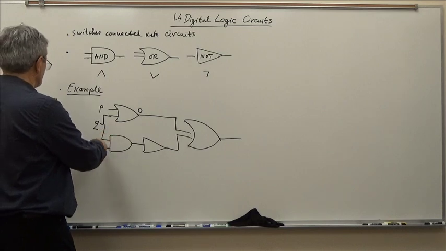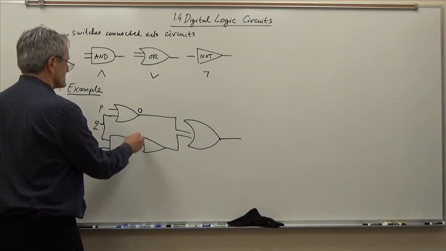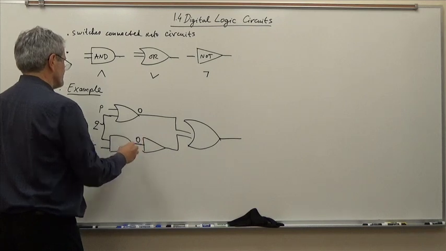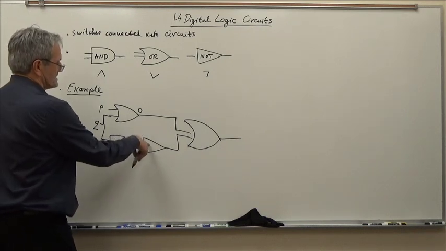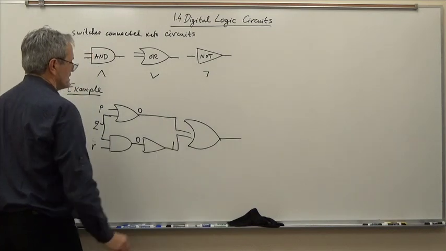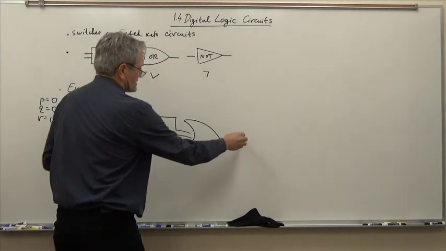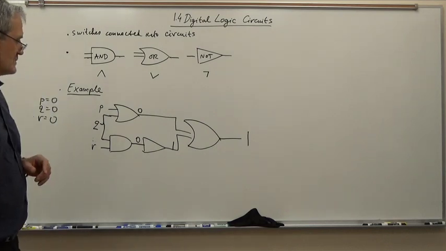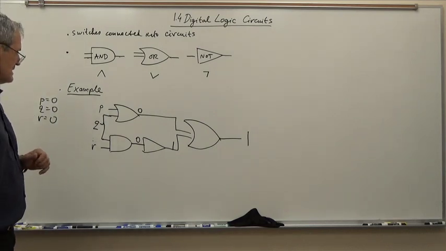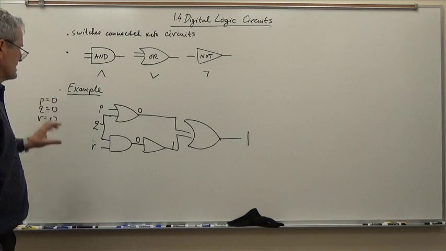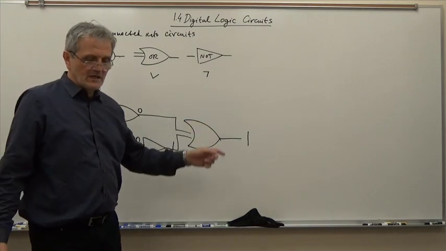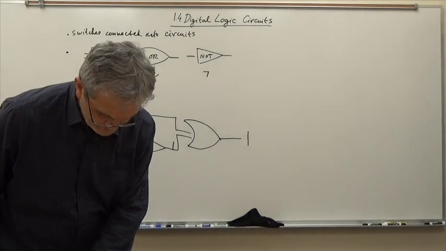And here, the conjunction of Q and R will also give us a 0. But then the inverter will make it 1. So at the end, we'll have 0 or 1, so we'll have 1. At this valuation of the input, the output will be 1.